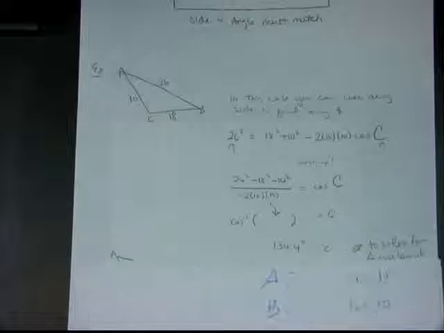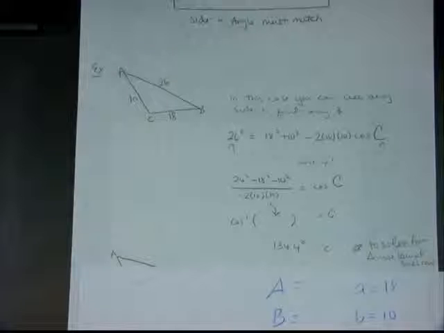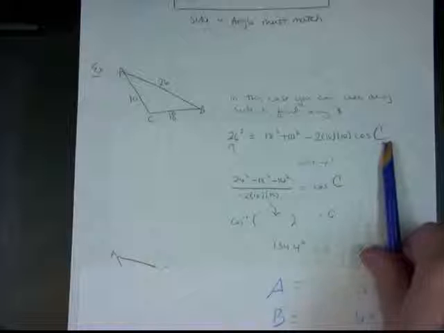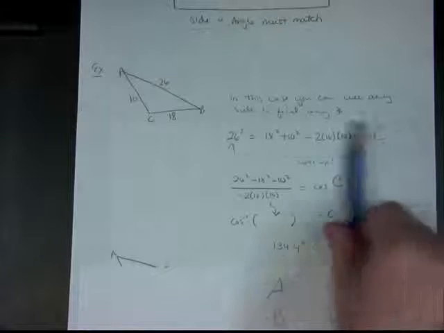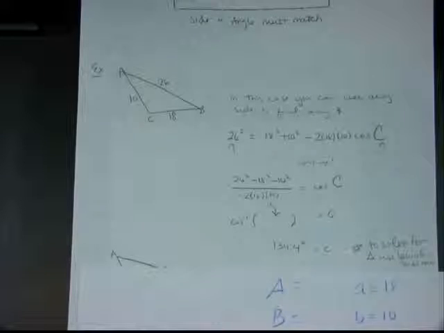Now, to solve the rest of the triangle, I can use the law of sines. However, if I use the law of sines, I need to always consider the possibility that two triangles exist. If I don't use the law of sines and I only use the law of cosines, I use this process again to find B, and then I could do the sum adds to 180 to find A, or vice versa, find A and then do it for B. With the law of cosines, I only get one possibility.